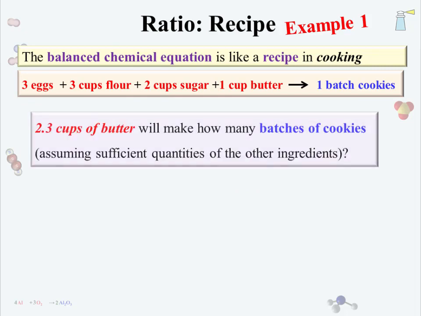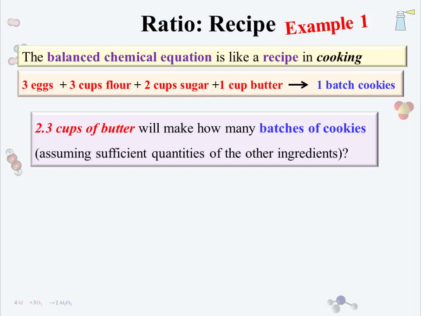Here's a problem that gives information about one component in the recipe and asks for information about another component. Say that we have 2.3 cups of butter, and we want to know how many batches of cookies can be made. Initially, we will assume that we have sufficient quantities of the other ingredients, so that we can just focus on the butter and the batch of the cookies.